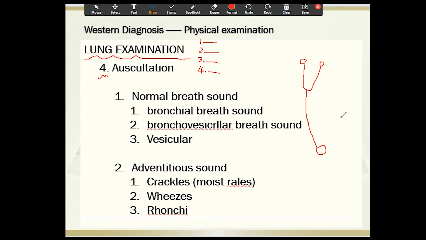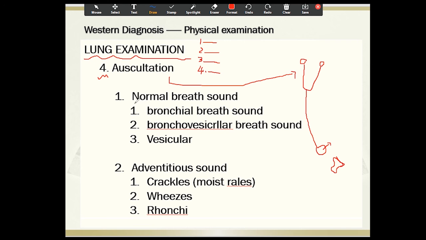So auscultation means hearing the sounds coming from the patient's body using a special scope. Some forms have one side to hear the sound, some have both sides, with slightly different sizes, and the sounds will be a little different. But whatever, you hear the sounds coming from inside the patient's body.